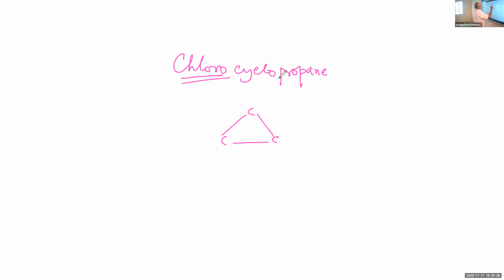So you can show the heteroatom like this. And the remaining will be hydrogen atoms. So in this carbon, 2 hydrogen atoms. Here also 2 hydrogen atoms. And here, how many hydrogens will be there, Vidur? Only 1 hydrogen atom will be there. So that is chlorocyclopropane.